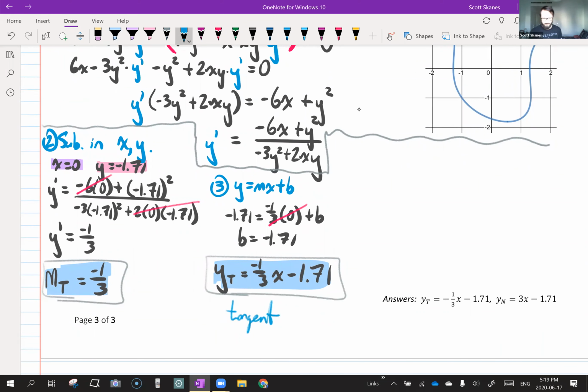The next step, or the last step, I guess, is I'm going to get the normal line. So in order to get the normal line, first things first, I need the slope of the normal line, which is the negative reciprocal, which is 3.